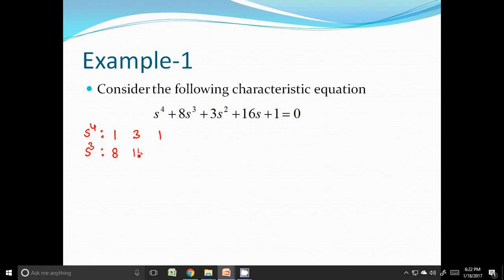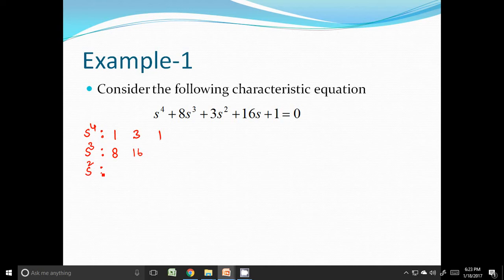Next you have to calculate the s power 2 row. But before that, you can observe that the s power 3 row consists of 8 and 16, so this row is a multiple of 8.